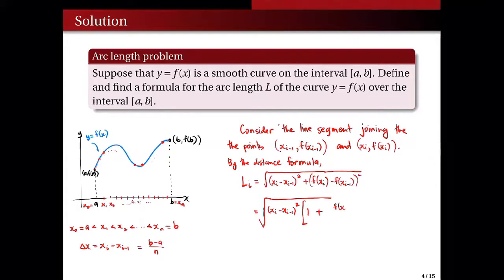So here you have f of x sub i minus f of x sub i minus 1 divided by x sub i minus x sub i minus 1. Of course, this is enclosed inside parentheses, and we are squaring that. And now we enclose this by square brackets. So again, what did we do? We just factored out this term here.